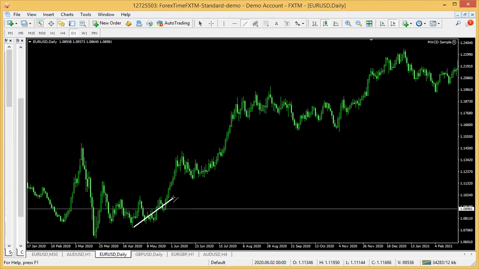Your swing must be connected to the most significant highs and the most significant lows within that direction. If I connect a swing in an uptrend, what makes up an uptrend is higher highs and higher lows.